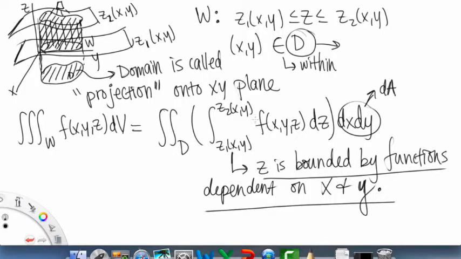Okay, so essentially what this means, this is a very important connection here, a really crucial statement, because what that means is that our z1 of x and y and our z2 of x and y, they're both surfaces in 3D space, but they both depend on xy points, like where we are on the xy plane. So basically, everything that's going on in this solid depends on what's going on in the xy plane.